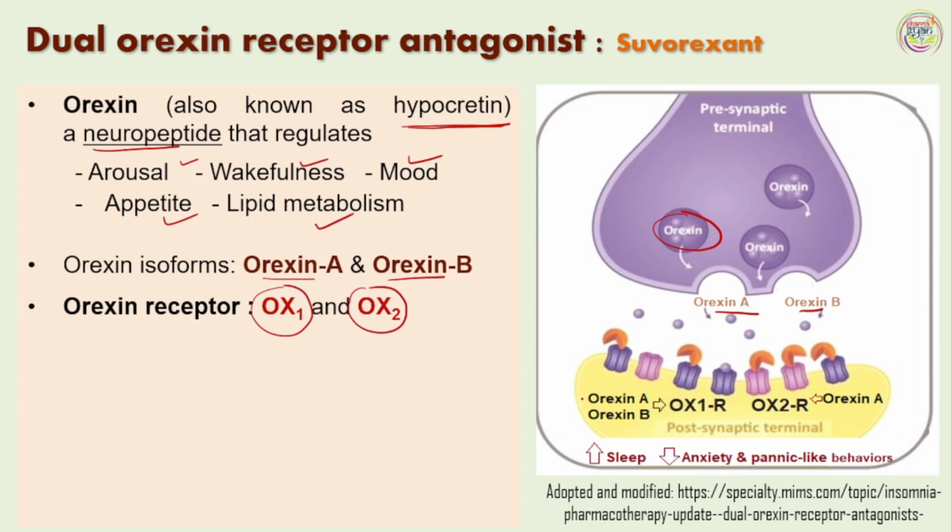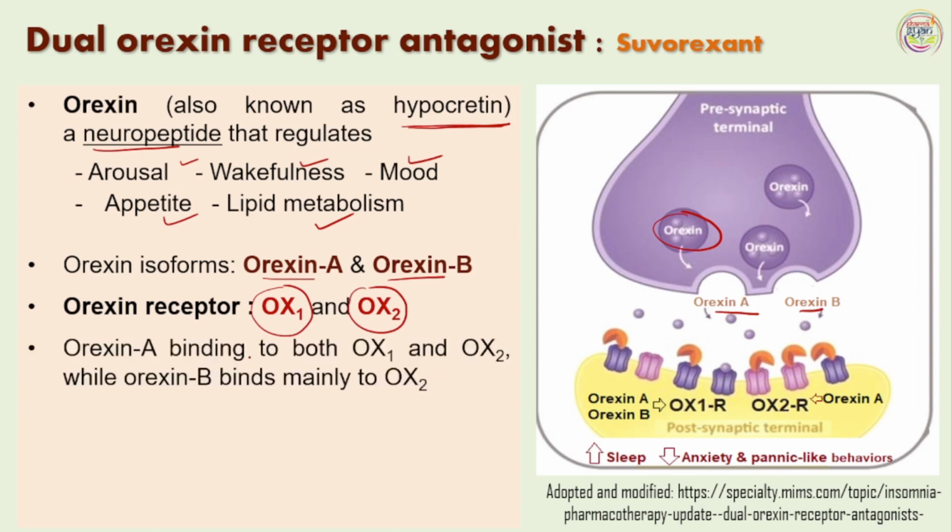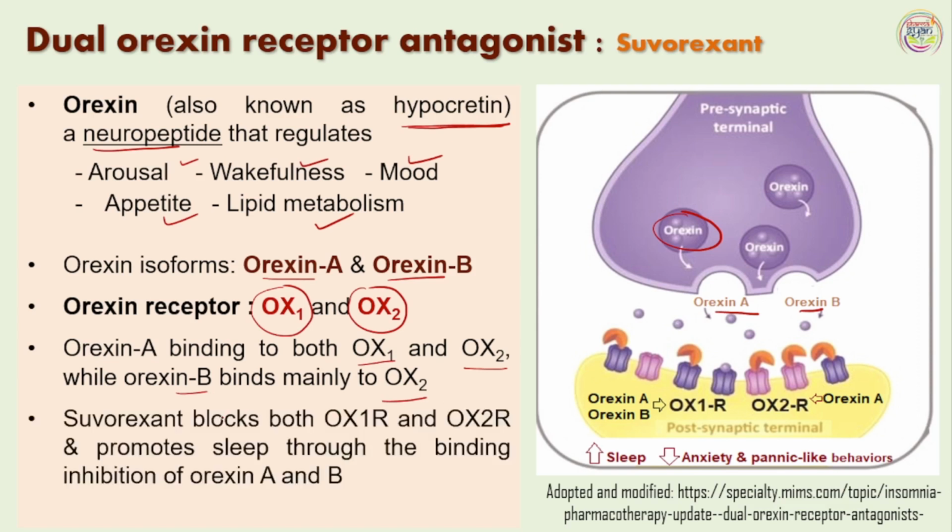Orexin A binds to both OX1 and OX2 receptors, whereas orexin B mainly binds to the OX2 receptor.